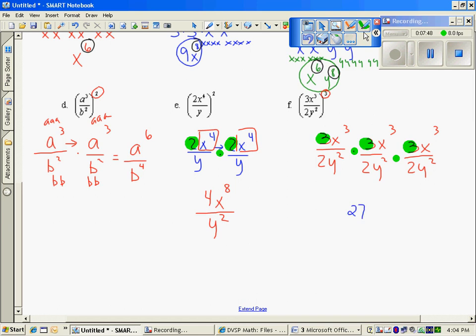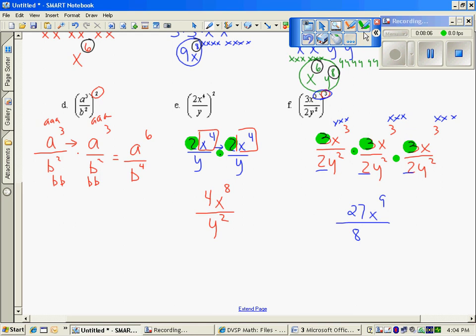Looking at my x's, I have 3 from each fraction, which gives me a total of 9. Looking at my rule, 3 times 3 is 9. 2 times 2 is 4. 4 times 2 is 8.